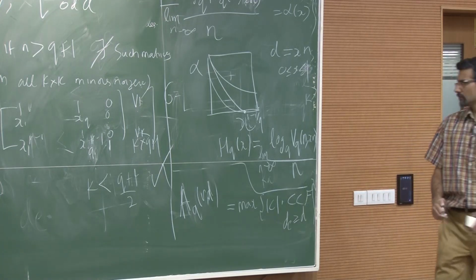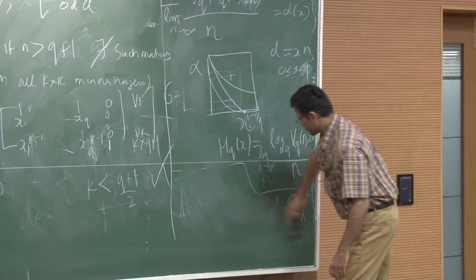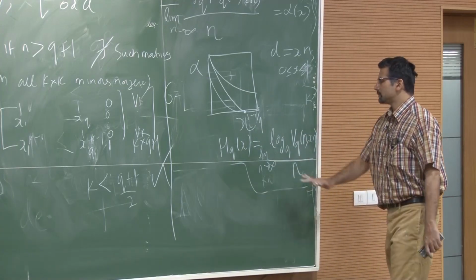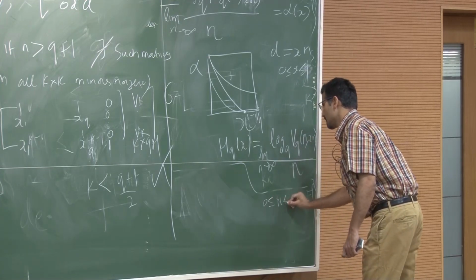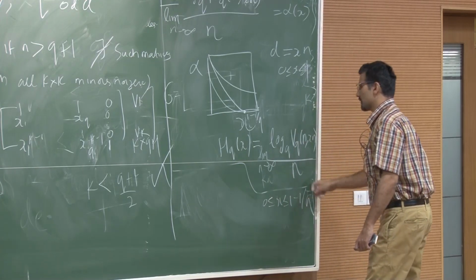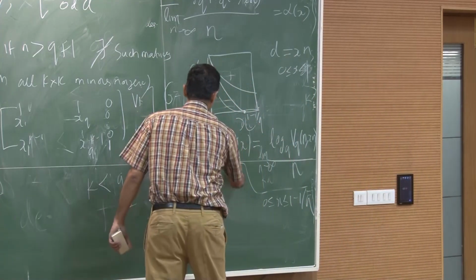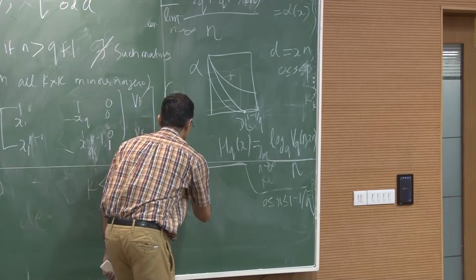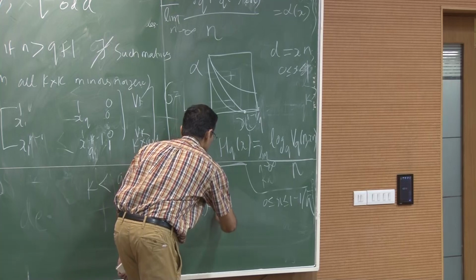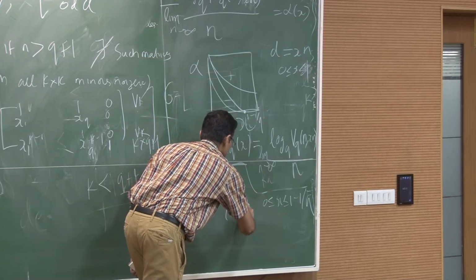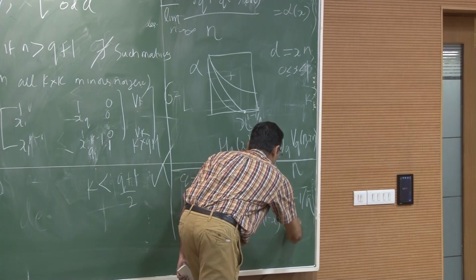This is almost true, but I don't have time to fix this. This is true if 0 less than x less than 1 minus 1 over q. Here is the precise version. What does this entropy function look like? You may have seen it in physics. If q is equal to 2, h_2(x) simply looks like minus x log x minus (1 minus x) log(1 minus x).